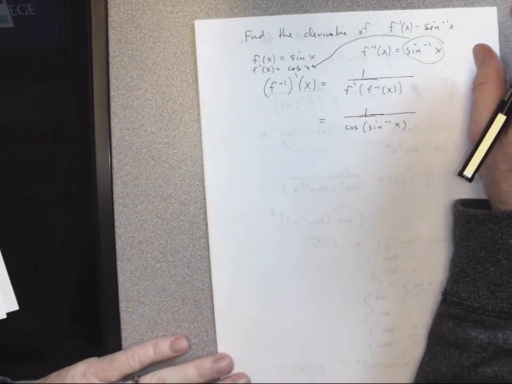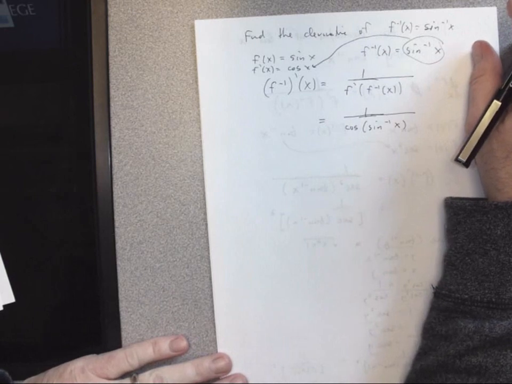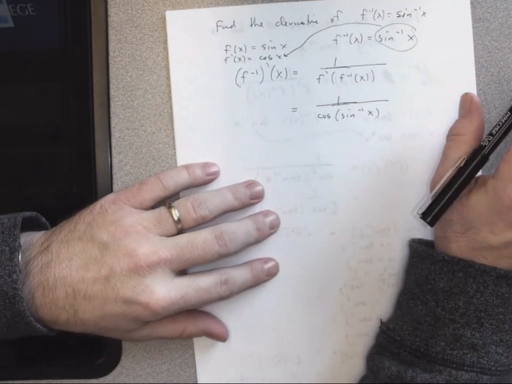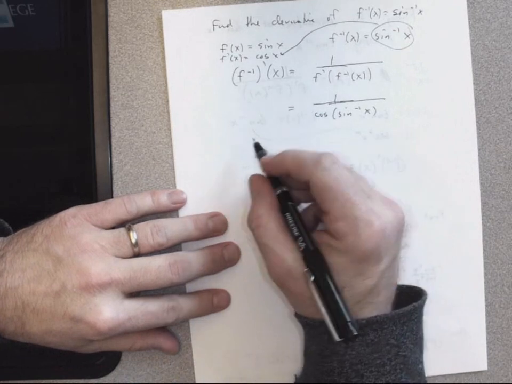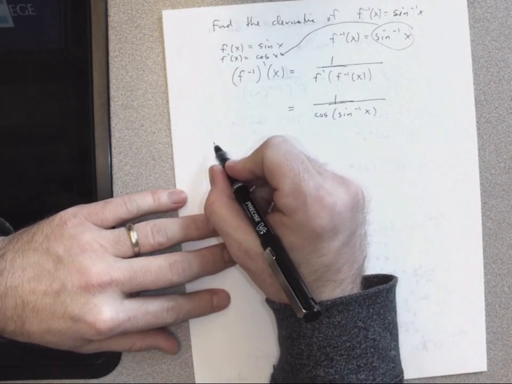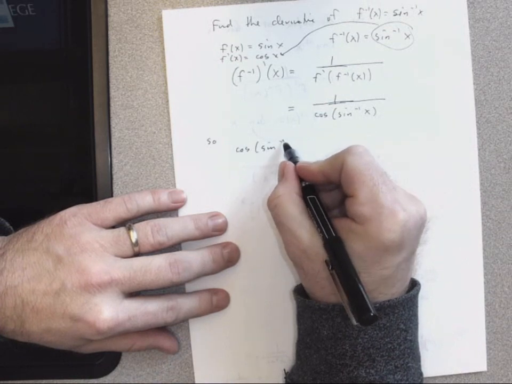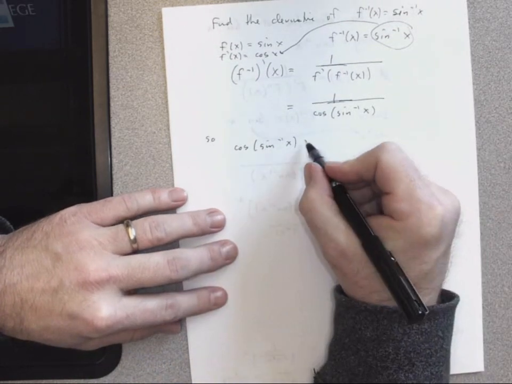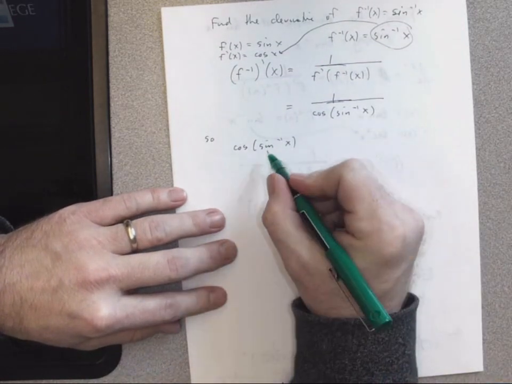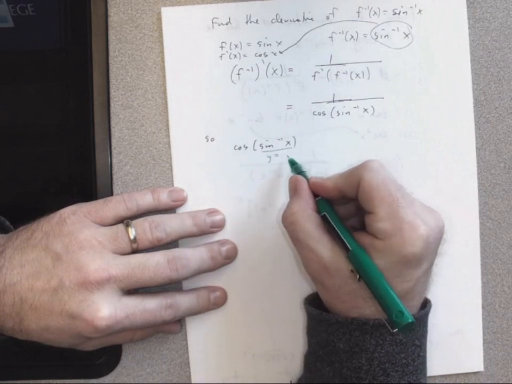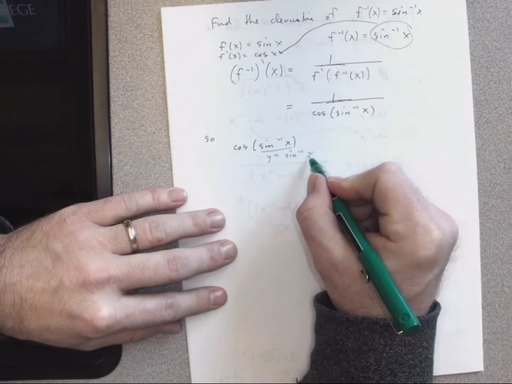Which we've actually already, I think we did. Oh, we'll do it again. So, what is the cosine of the sine inverse of x? Well, we are going to call this thing y again, so y is equal to the sine inverse of x.